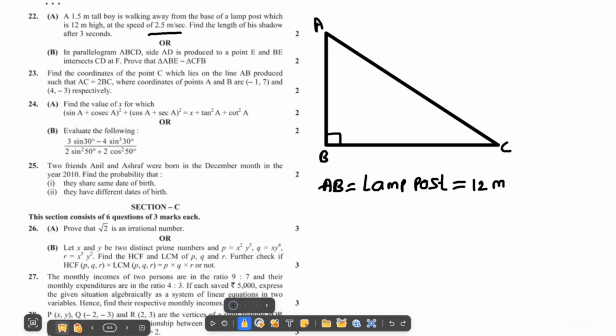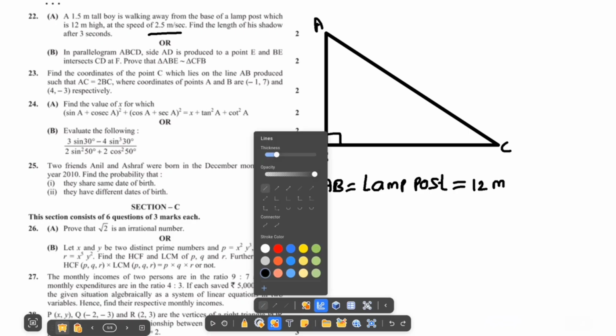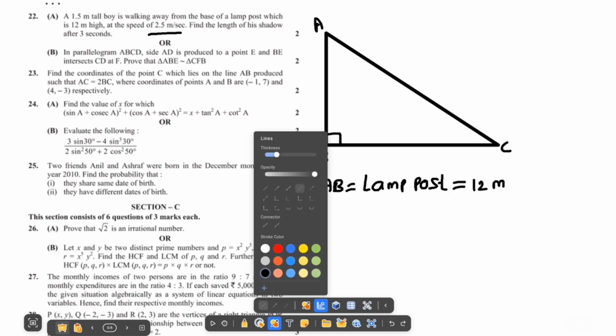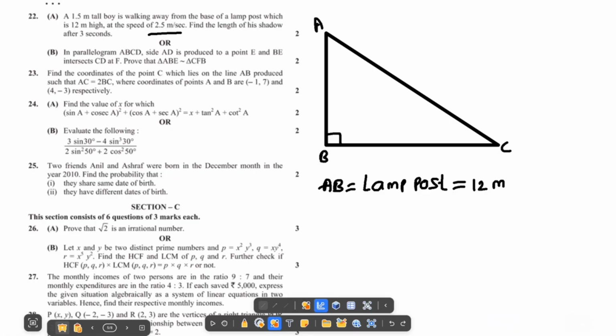So let's draw. For example, he is the boy walking away from the base of the lamp post.